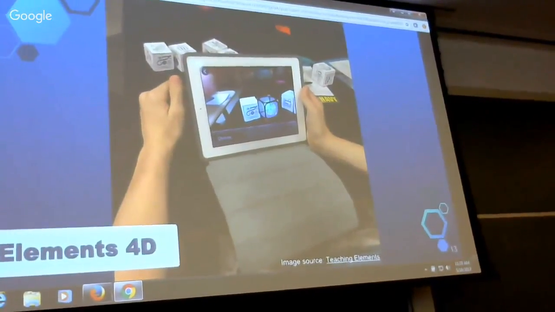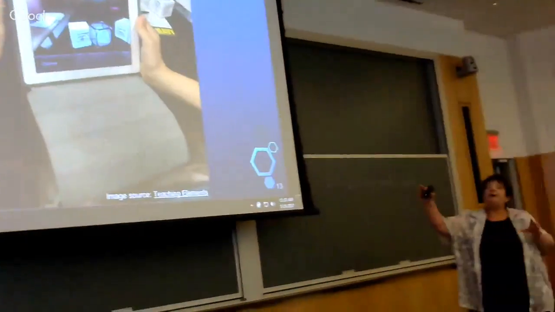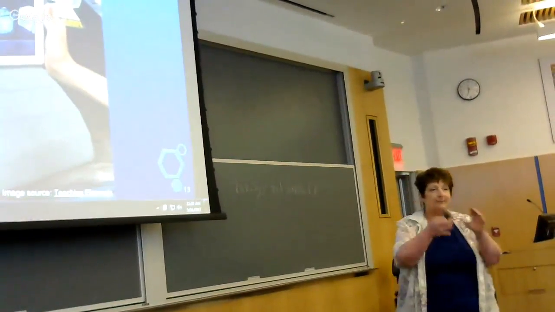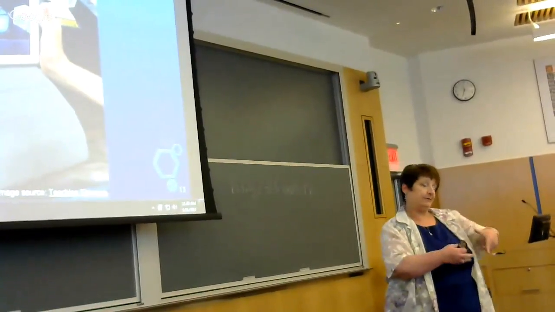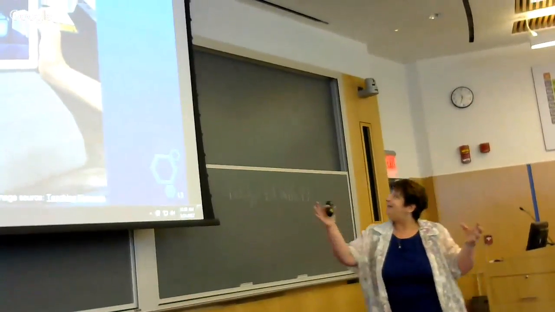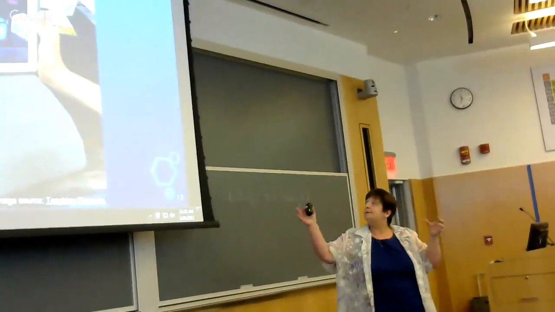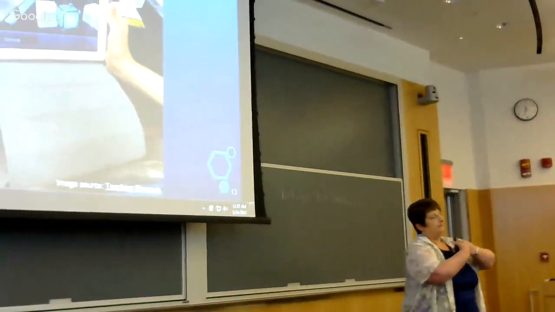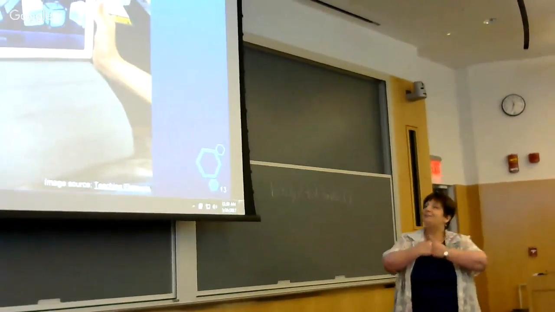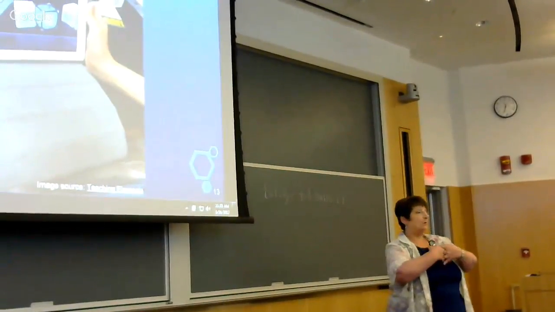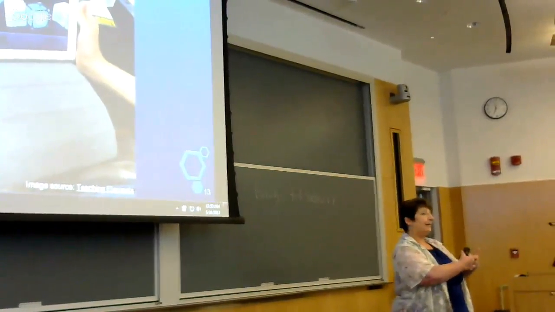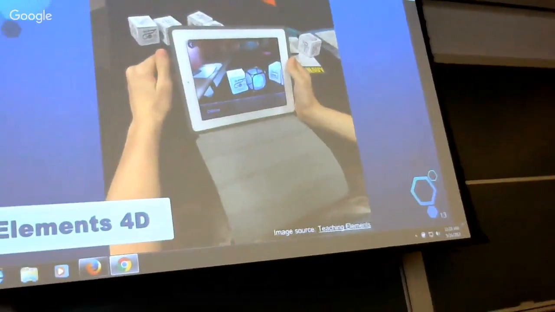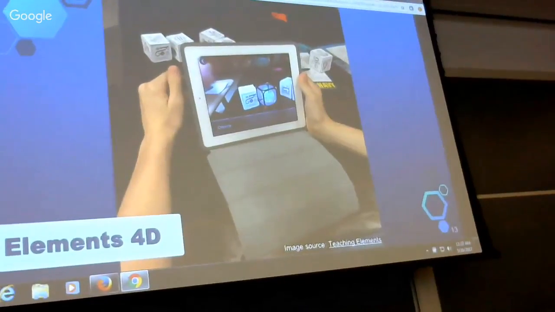But if I had been able to learn about it using these little blocks, so you print a piece of paper out, you form that piece of paper into a 4-dimensional block, and then if you look at those blocks with your application, when you put two different periodic elements together, they will form the chemical reaction. And so they kind of interact with each other.